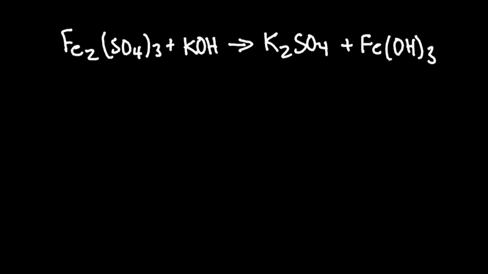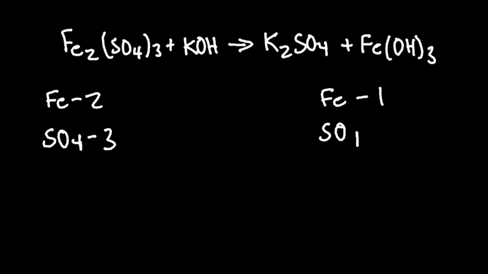So on this side we have 2 iron atoms. This side we have 1. On this side we have 3 sulfate polyatomic ions, whereas on this side we have one group of them.